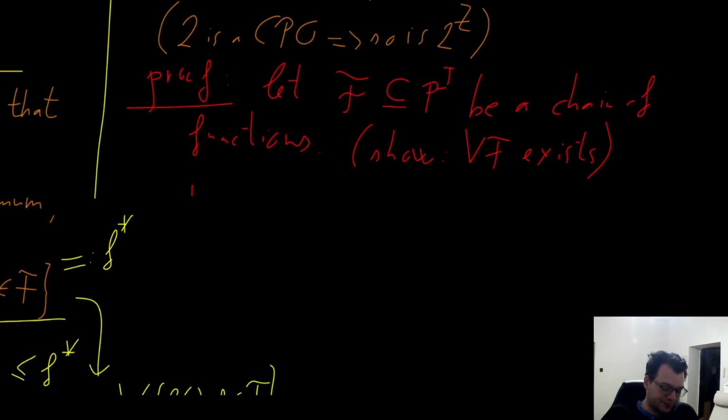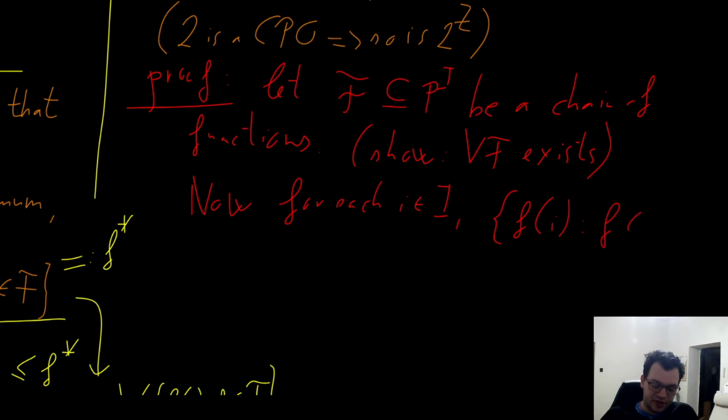So now, for each i in I, if I take this set {f(i) : f in F}, then this is also a chain.